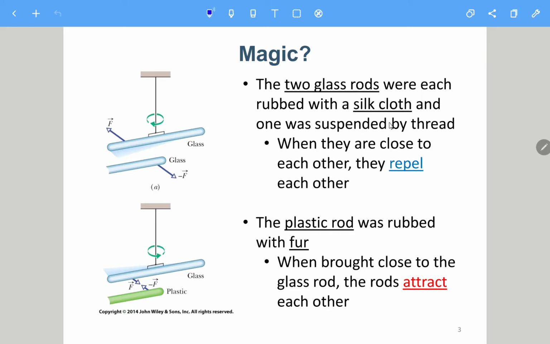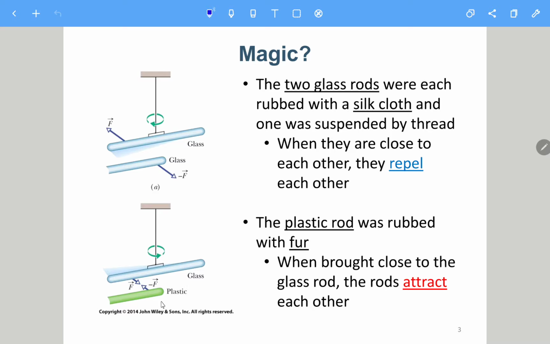Of course, we still use silk cloth to rub this glass rod. And when we brought them close together, the rods attract each other. So they are different. If we rub these two, they will repel each other. If we change one of the glass rods into plastic, then they will attract each other. So this is the difference.